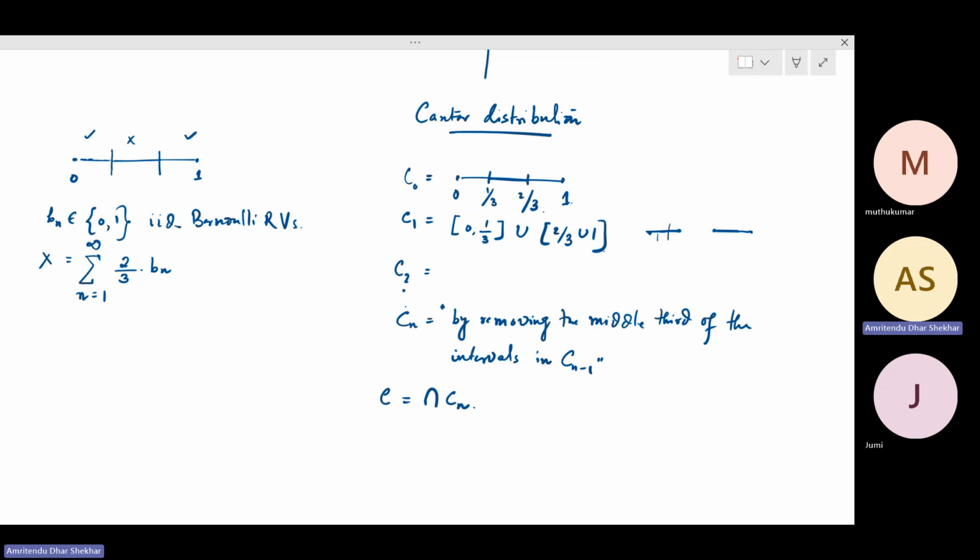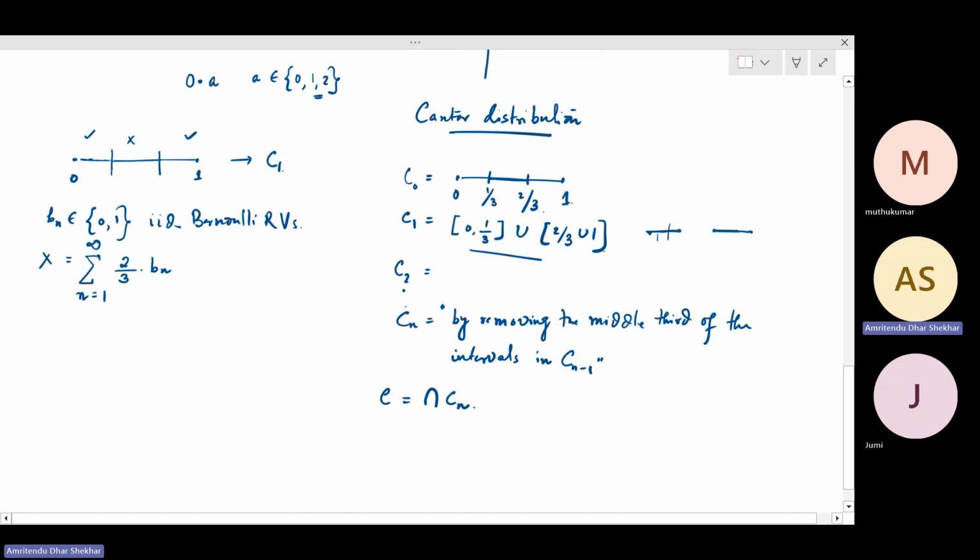Now, if you express a number in base 3, let's say you write a number like 0 point a, where a belongs to {0, 1, 2}. Let's say you consider all numbers which lie in C1.